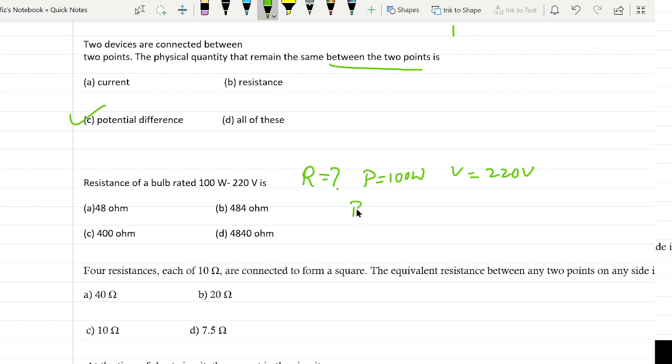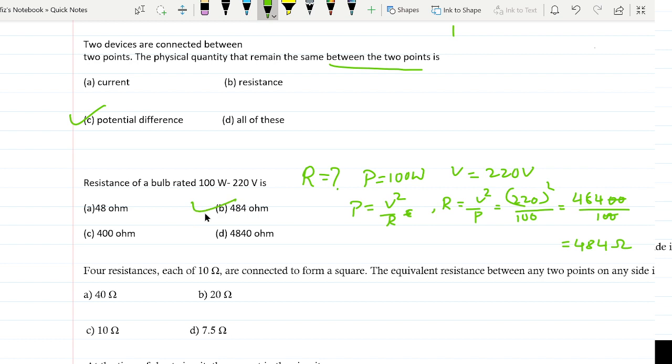Now we have got the equation here, P is equal to V square by R. R we have to find, so R is equal to V square by P. V is 220 square, power is 100, so 220 square is 48400 divided by 100. So here you get the resistance of the bulb to be 484 ohm. Means option B is correct here. Yes, option B is correct, children.